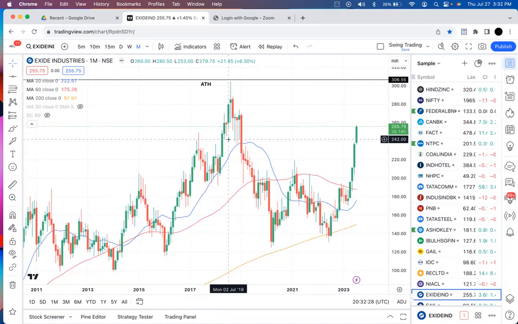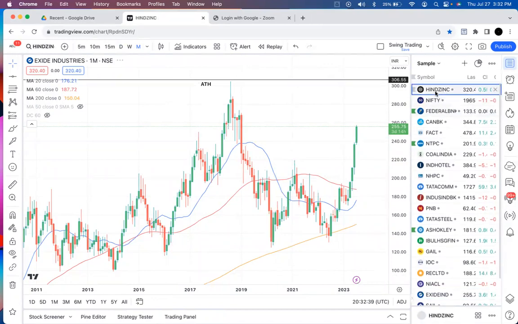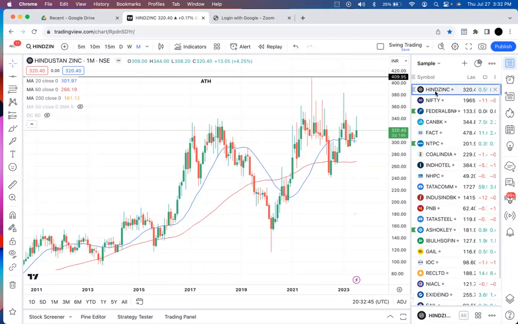So these are the three: the 20 period moving average, the 60 period moving average and the 200 period moving average. And here on the right hand, I have a list of stocks that are just a random sample.